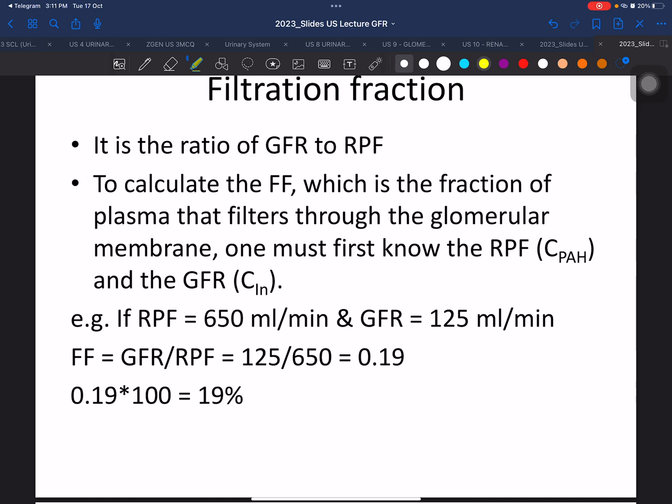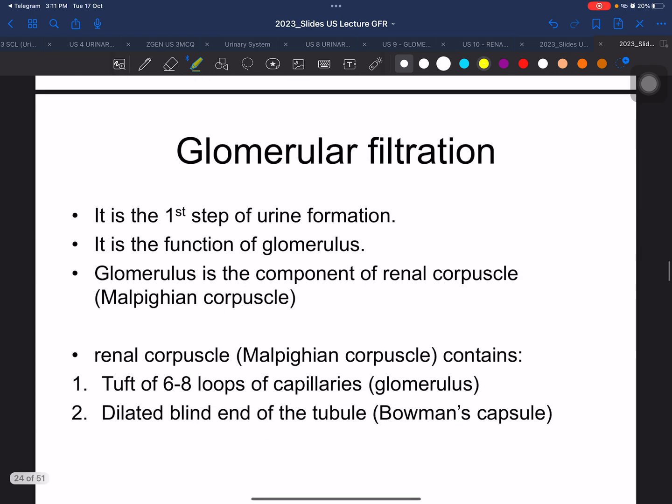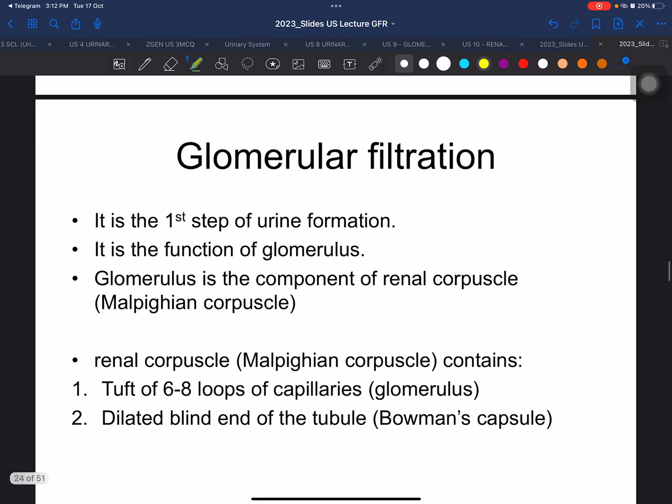So that's for the calculation, but now we're going to look specifically at glomerular filtration, because this is the first step of urine formation, and many factors contribute to this glomerular filtration. Glomerular filtration is the function of the glomerulus.